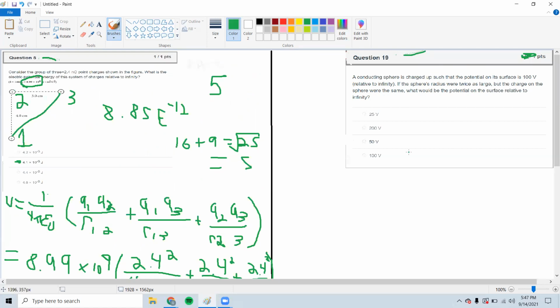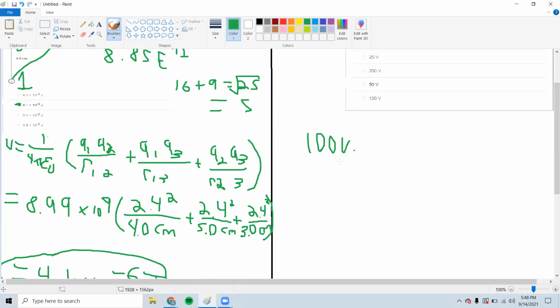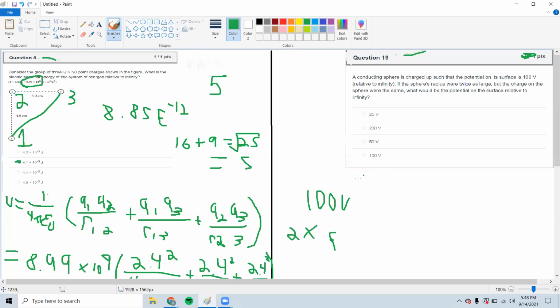So if at the current radius of the sphere the potential on the surface is 100 volts relative to infinity, if you were to double the radius of the sphere, 2 times the radius, what would happen?